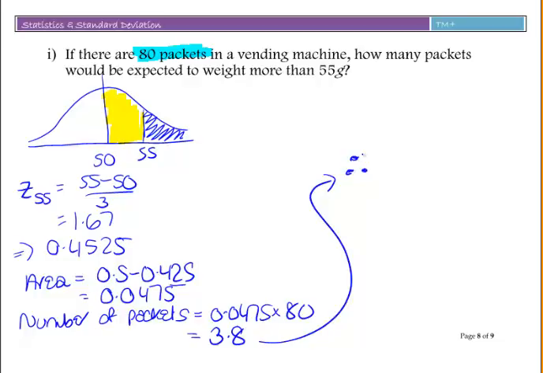Would you round up or would you round down? Well, you're at 3.8 packets. If you round up, you're actually a little bit less than 55 grams. So technically you should round down, but it doesn't really matter. If you go approximately 4 chip packets and always round up, that's fine. Okay, but explain how you're doing it.